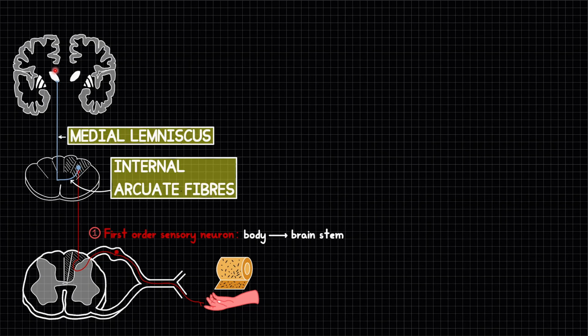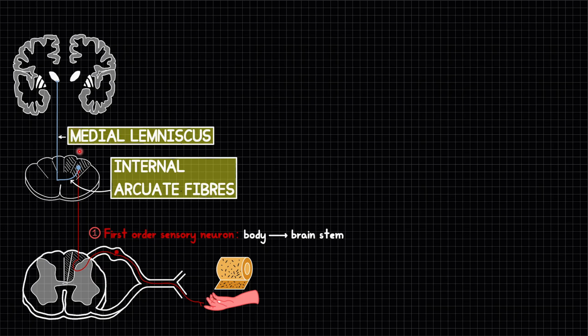Now, we give different parts of this second order neuron very special names. This first part here that arcs over to the other side, this first part that decussates, is called the internal arcuate fibers. This second part that ascends contralaterally is called the medial lemniscus. This is where the ML in DCML comes from.